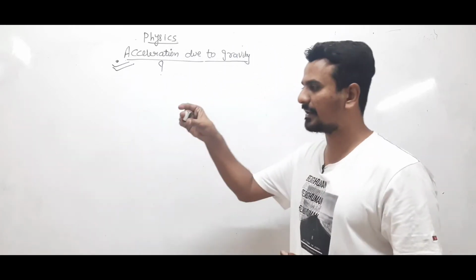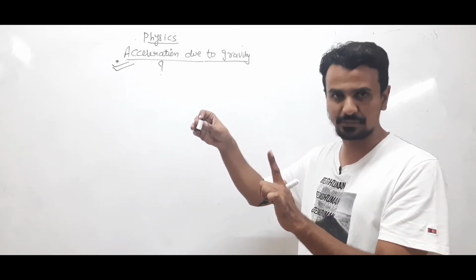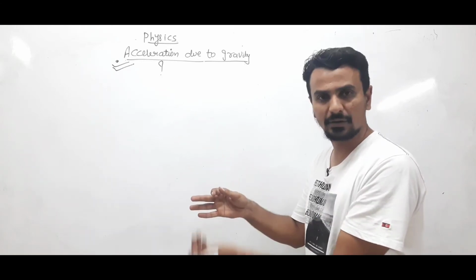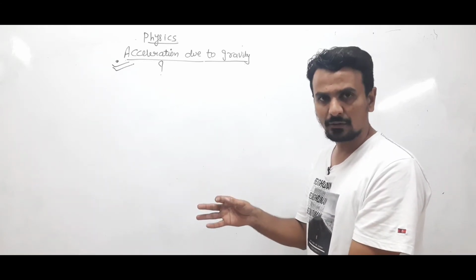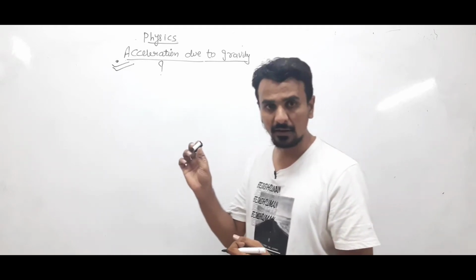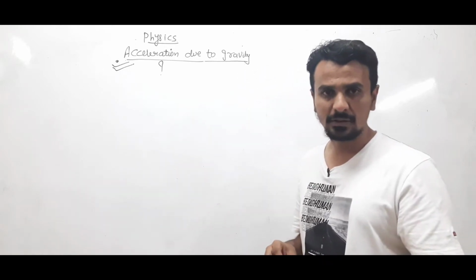That means if I am leaving this object, one thing is sure, I have not applied any external force on this object, I am just leaving this. So when I leave it, it will go down, right? The force on this object will be because of the gravitational force of the earth, and because of that this object will be performing downward motion.